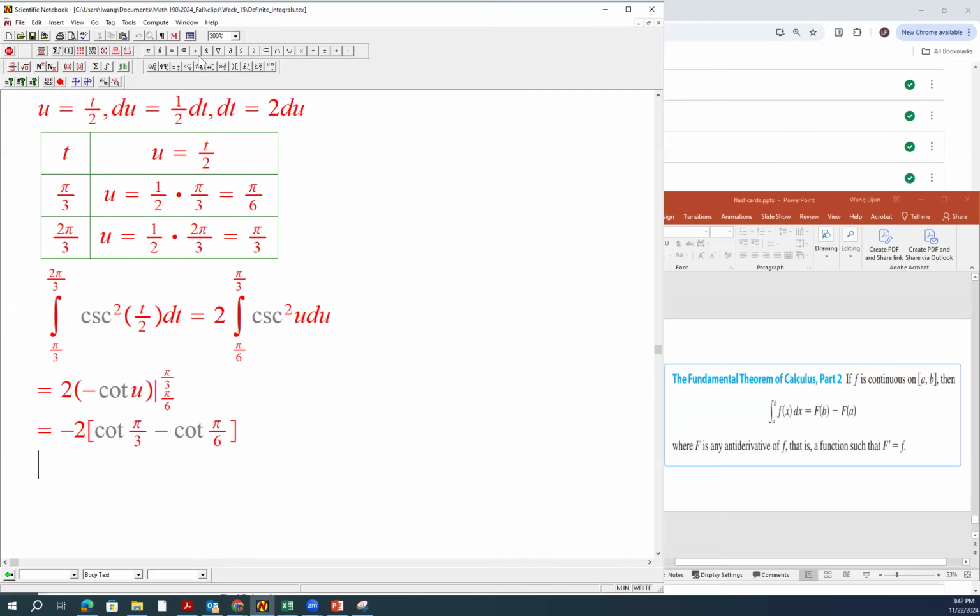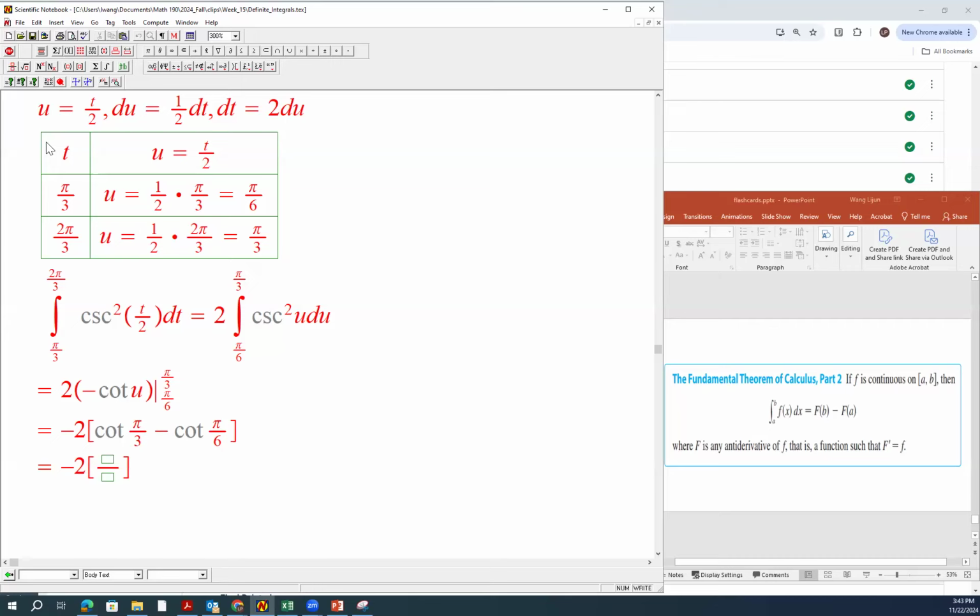And the next step, of course, we're going to wrap it up. Cotangent pi over 3, what does that equal? If you don't remember, look it up.